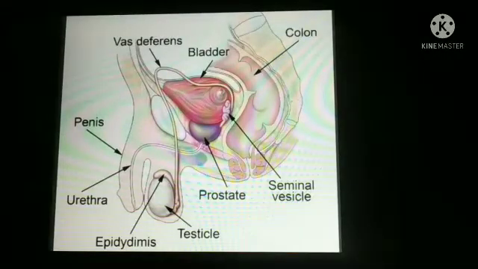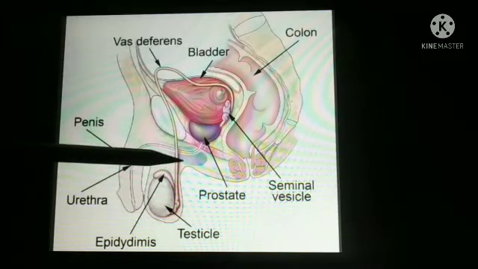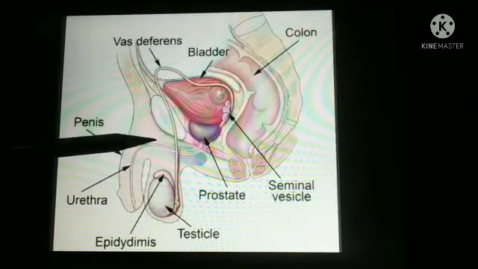Now let's end our topic with the functions of the male reproductive system. The function is to produce, maintain and transport sperms.